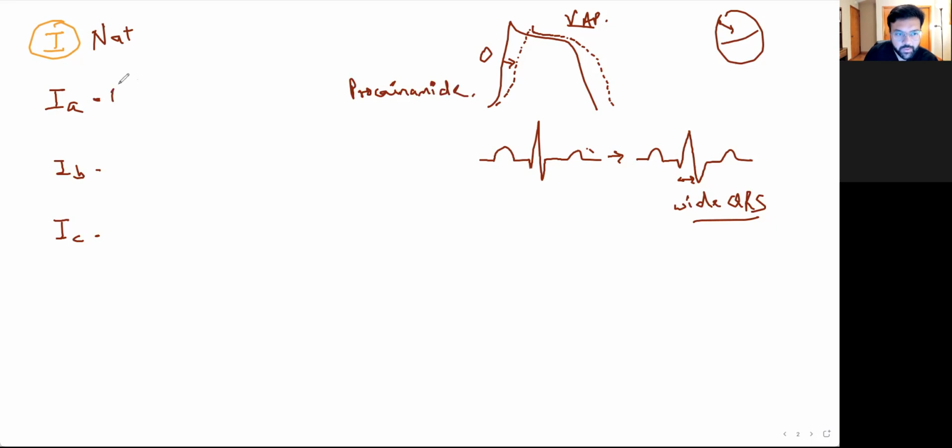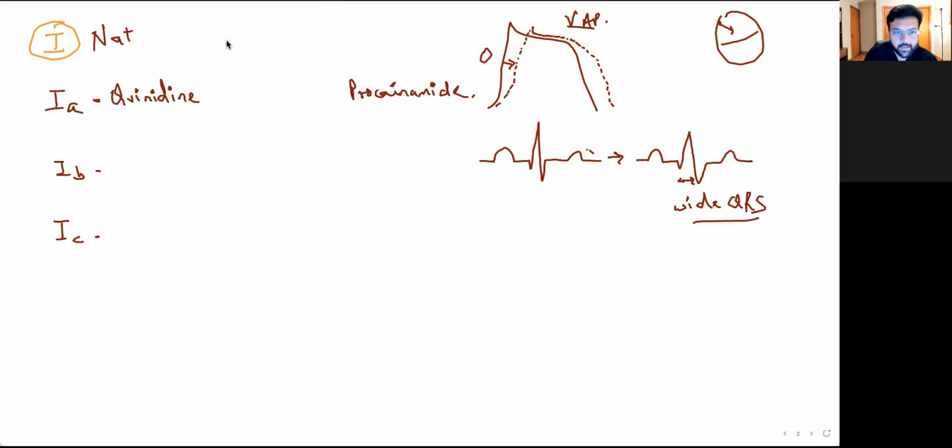Quinidine. Very good. What else? One more. One which starts with D, which I used to forget a lot, and USMLE would always test on that. That's disopyramide.